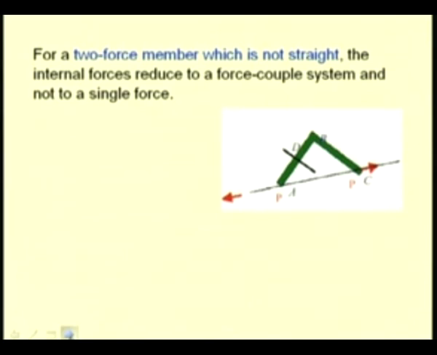So, here you see a member ABC which is bent, but it is a two force member because loads are applied at 2 points, at A and at C. We have these loads P that are being applied to this member. For equilibrium to exist, we know that these two forces have to be collinear.